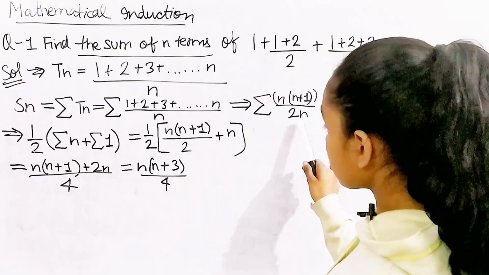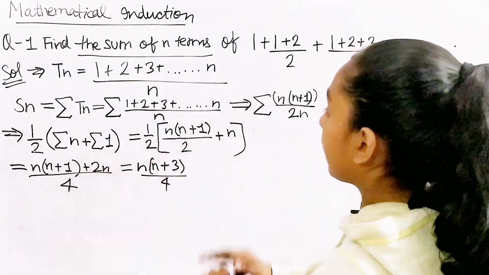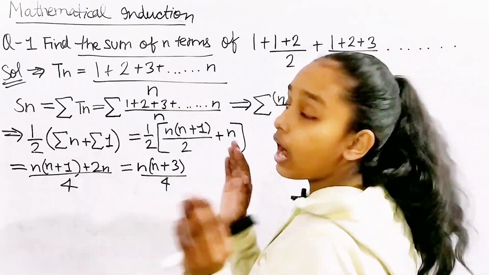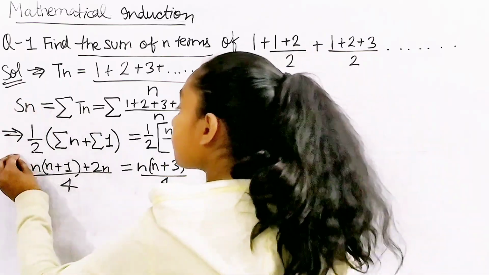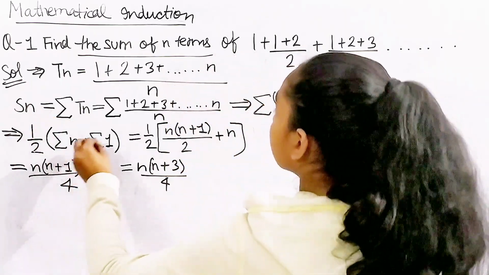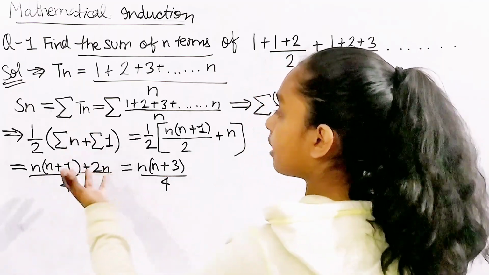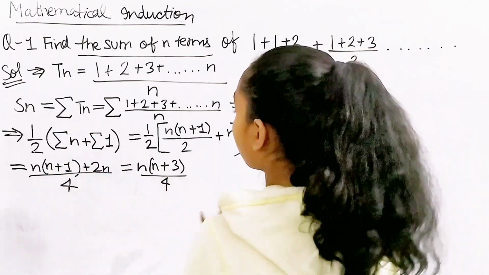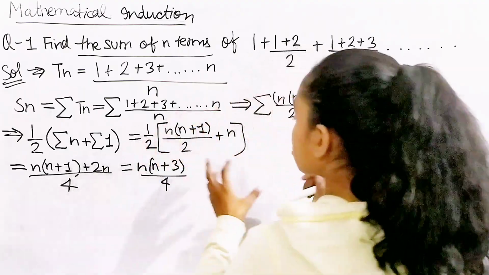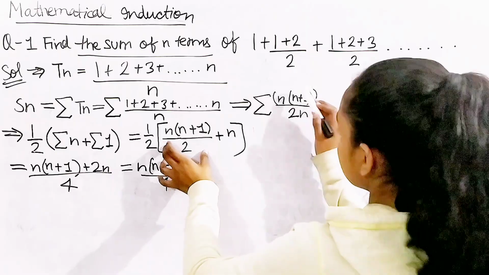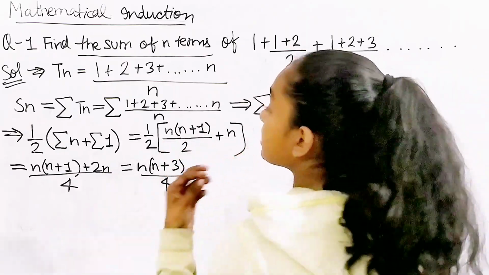So what I will say is that this is 1 upon 2 sigma n plus sigma 1. This is basically the sum of n and all these things. In this I just wrote the same thing which was given to us right here, and then I wrote the plus n.